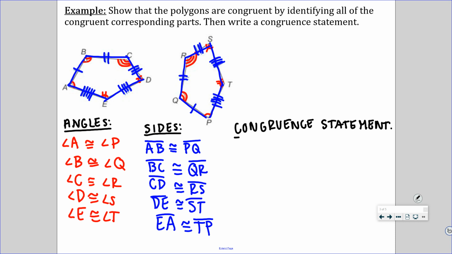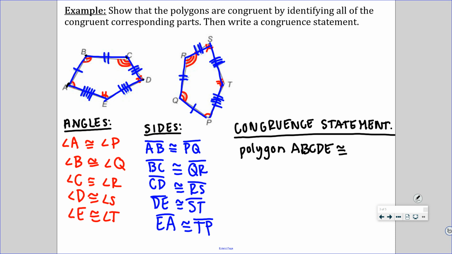Now the congruence statement is polygon, let's just start with the first arced angle. So we'll go clockwise. A, B, C, D, E is congruent.